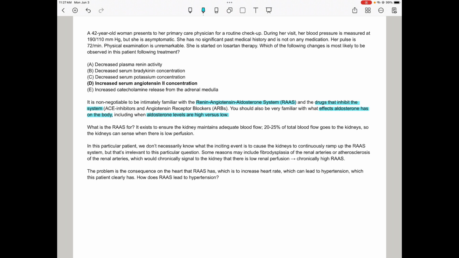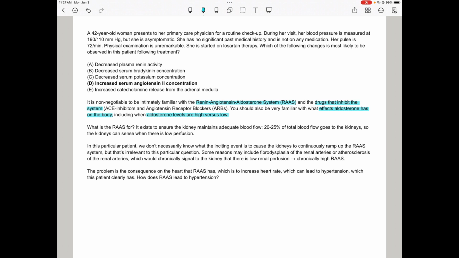That includes the juxtaglomerular cells that sense perfusion, and the afferent arteriole, which also senses the amount of perfusion and then adjusts accordingly. One of the ways in which the kidney will adjust itself to receive correct blood flow is to release renin and begin the RAAS process.